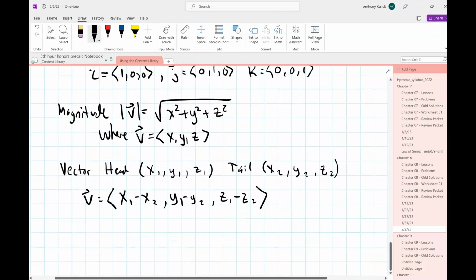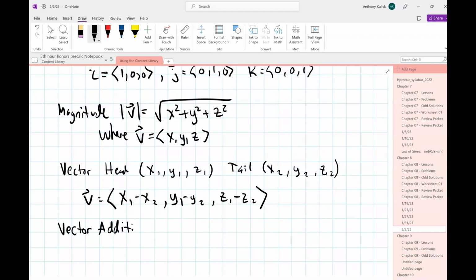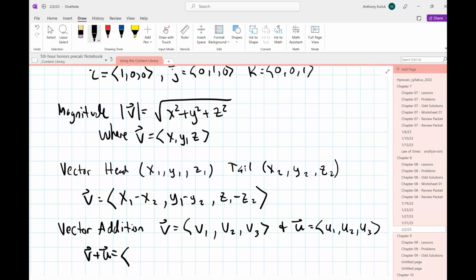Okay, well that's easy. How do you think we add vectors if it's three-dimensional? What do you think? Yeah, the same way. We just add up the components and bada boom, bada bing.